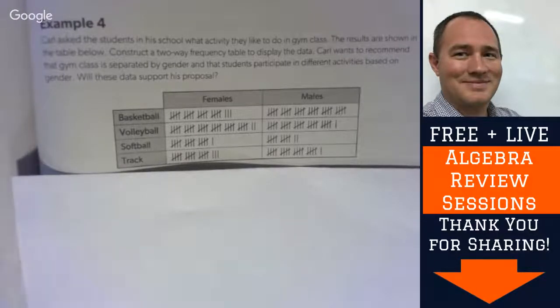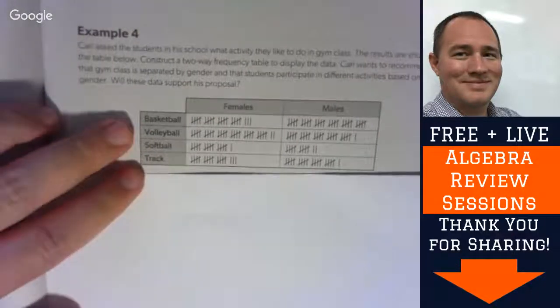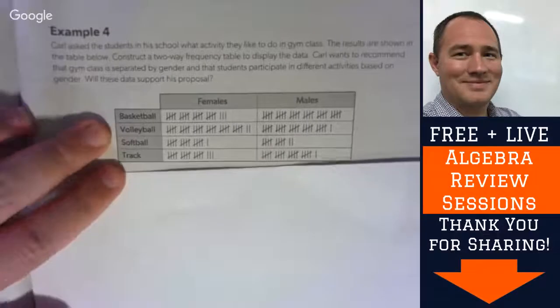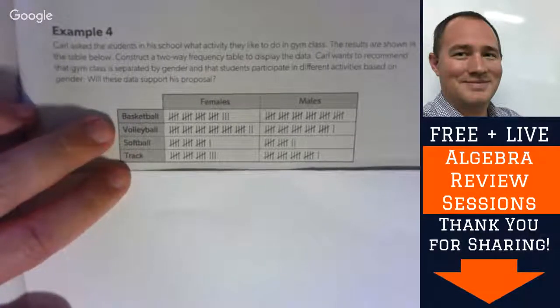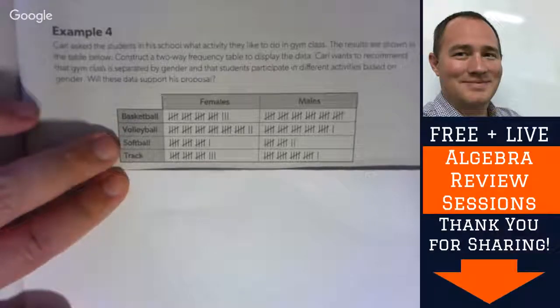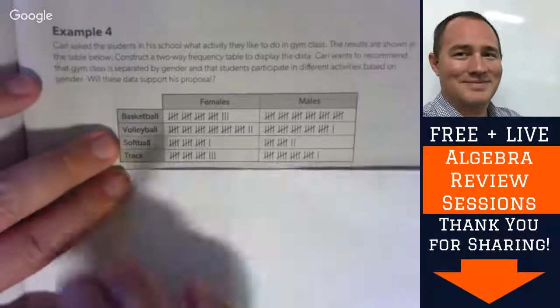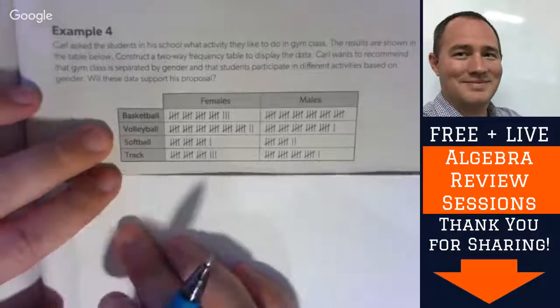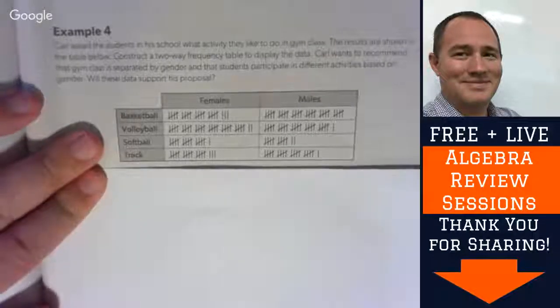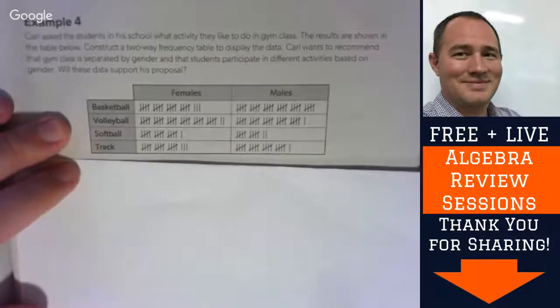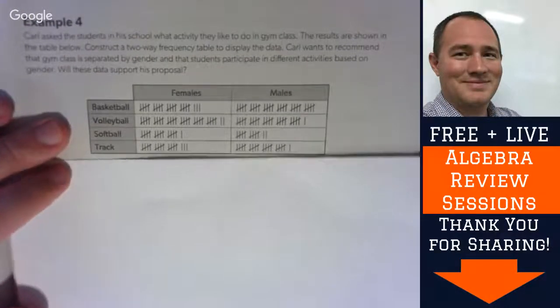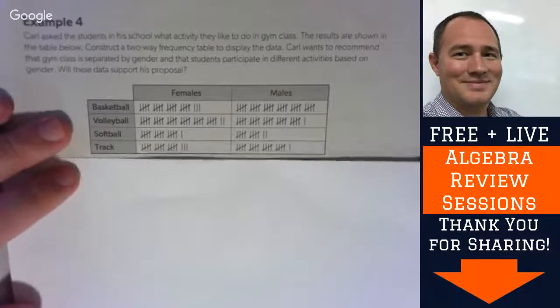Is there any merit to this proposal? So it sounds like maybe he's implying that guys like to play basketball and girls don't, and girls like to play volleyball and guys don't like volleyball. So we should separate it to a guys' class and a girls' class. Maybe that's his thinking. So let's see if there's data to support his proposal.